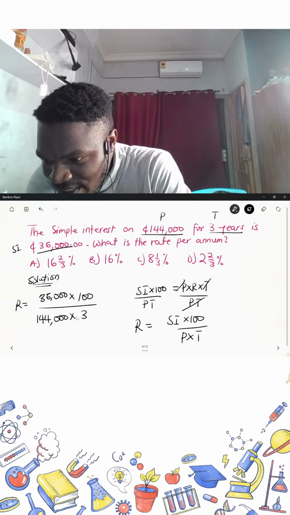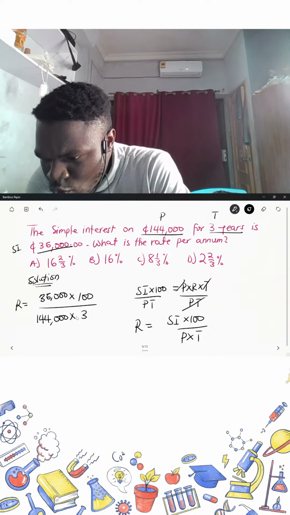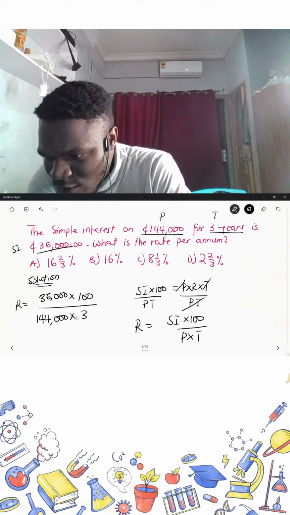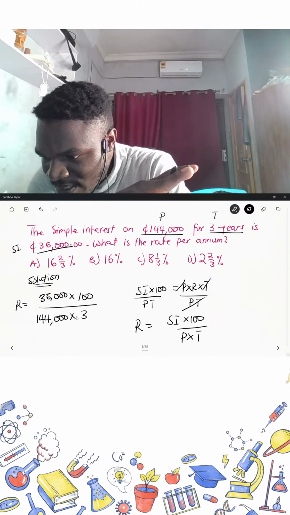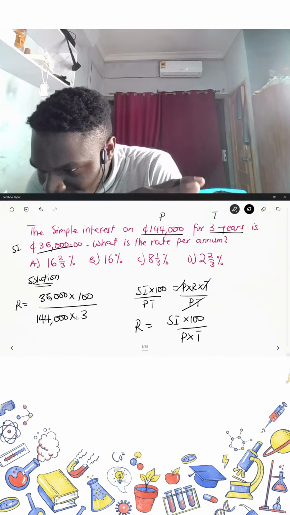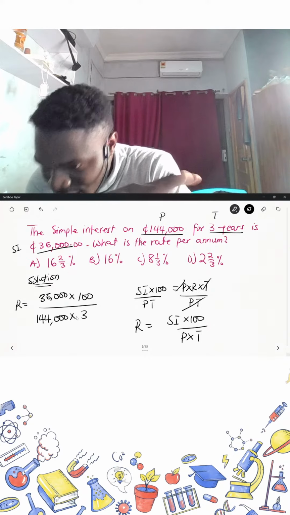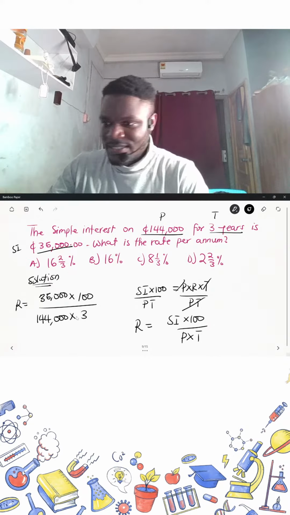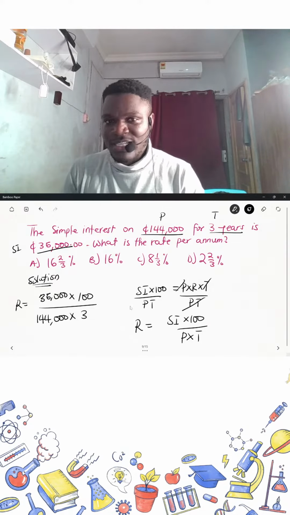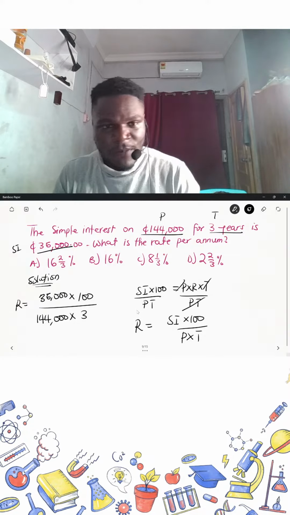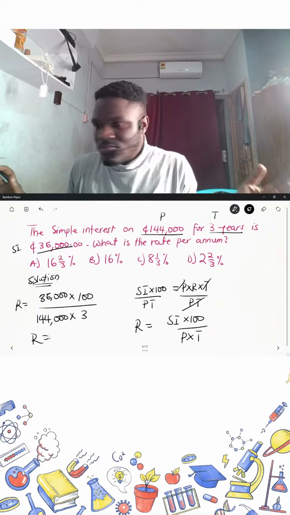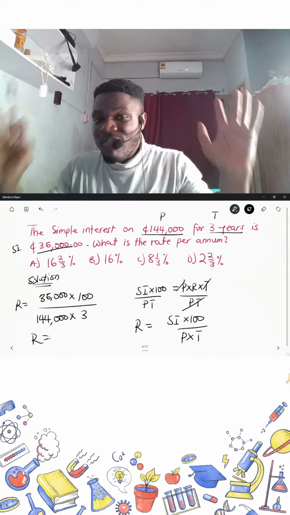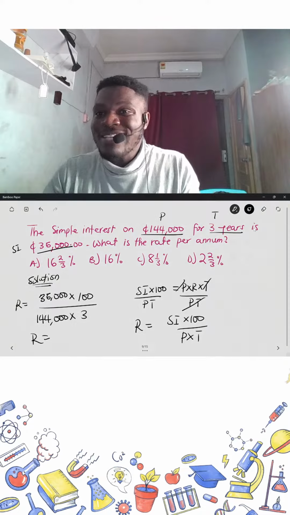Brian has done a very good job detailing the process in the live chat. She's saying simple interest is 36,000, the principal is 144,000, and the time is 3. You guys can check it out, but it's the same thing that I'm doing over here. You can put everything into the calculator, or you can cancel out.